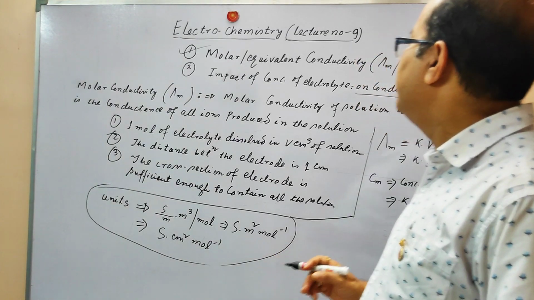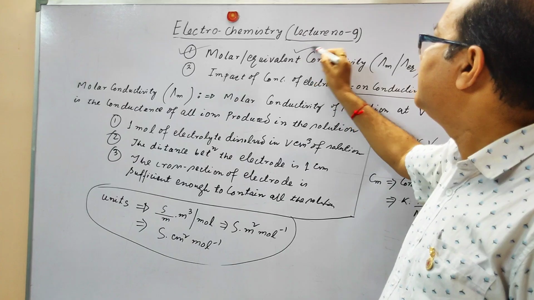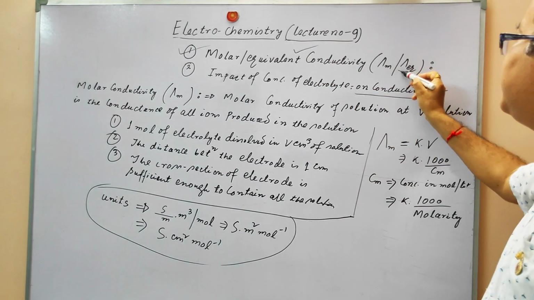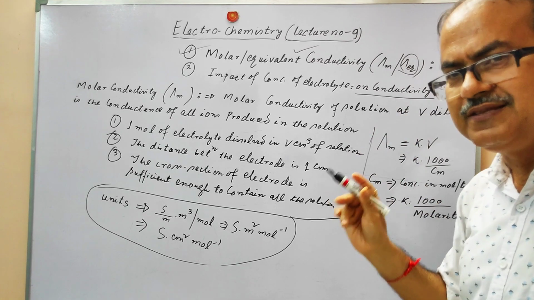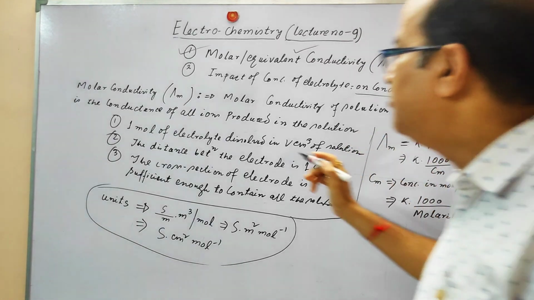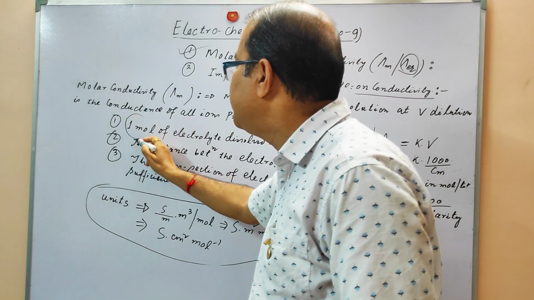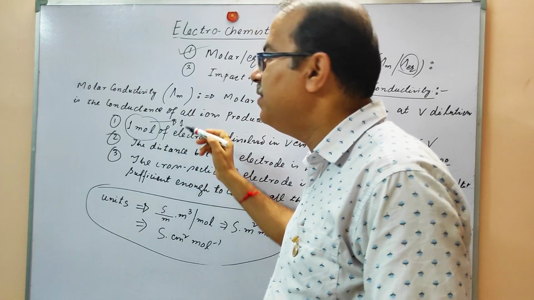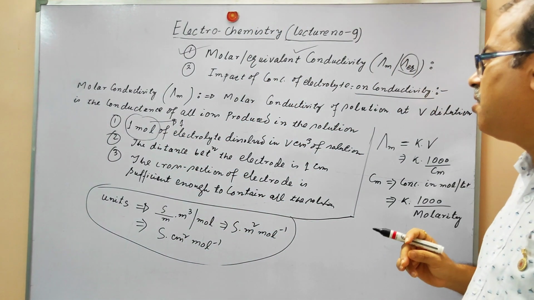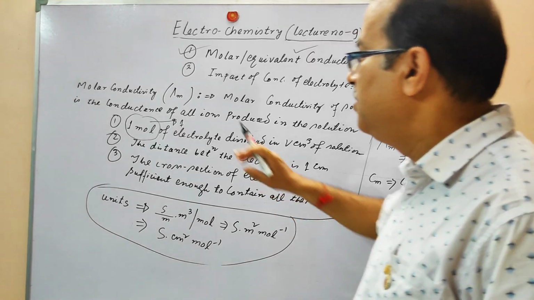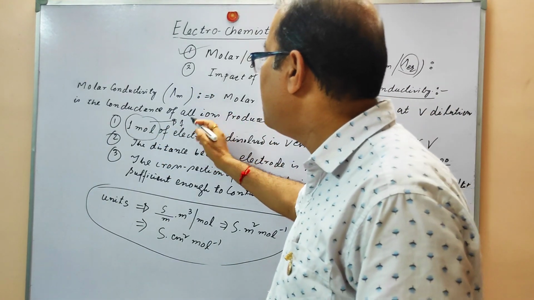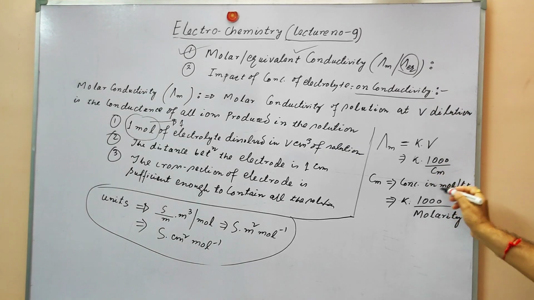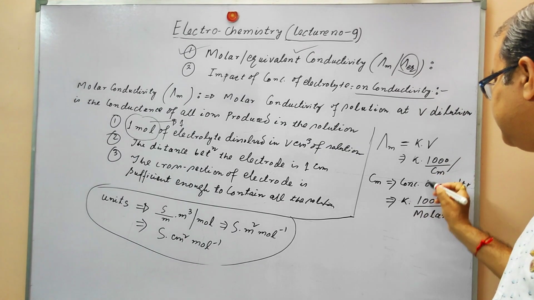Now another term, the equivalent conductivity. It is very simple, the same thing. In equivalent conductivity we will just replace 1 mole by 1 gram equivalent of the electrolyte. In place of 1 mole, you will give 1 gram equivalent. So you just write this concentration term as C EQ.